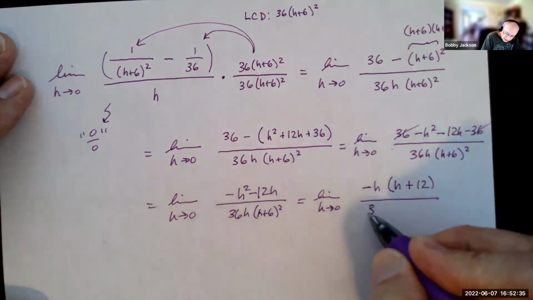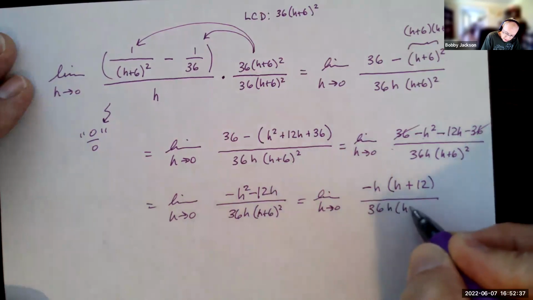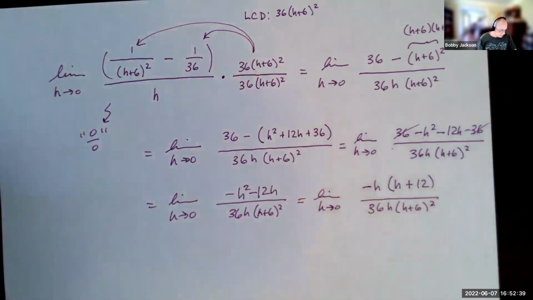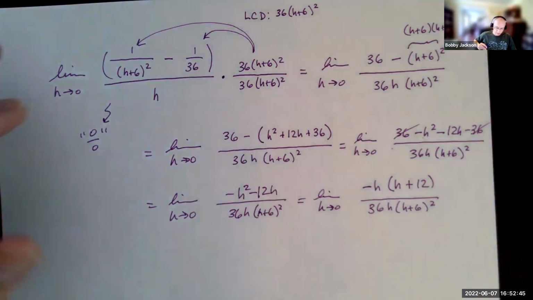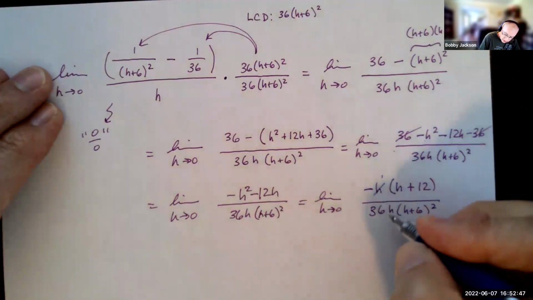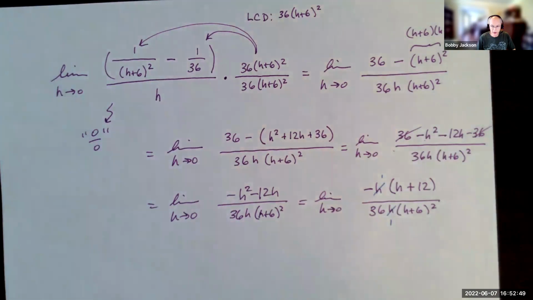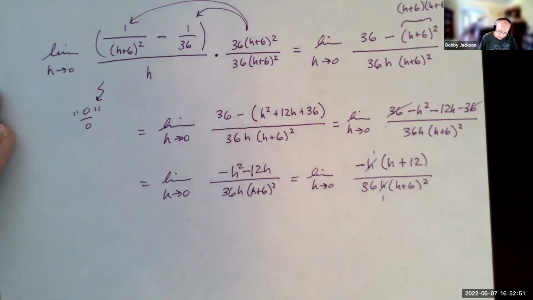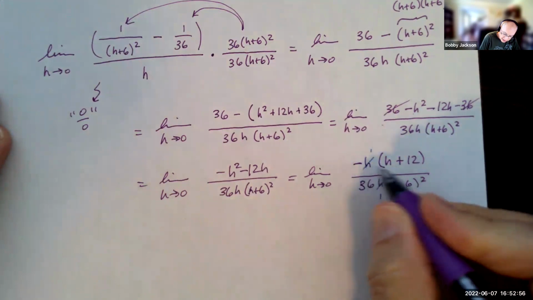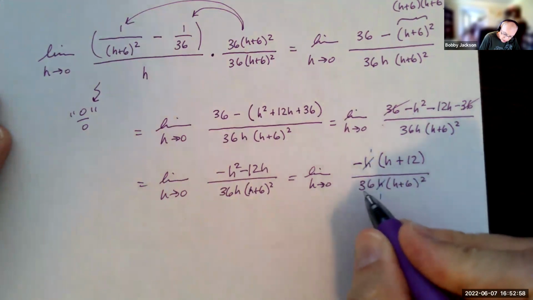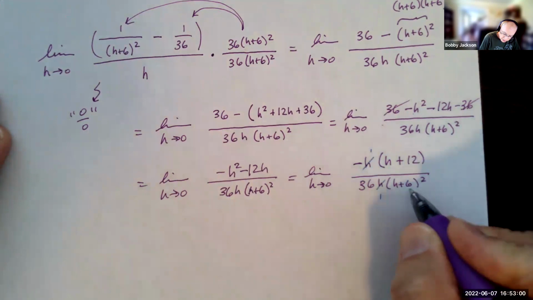And there's my h factor that I needed. So now I'm able to cancel that common factor. We'll divide numerator and denominator by h. And now I can plug in h equals 0 to what's left. I'm going to get negative the quantity h plus 12 over 36 times the quantity h plus 6 squared.